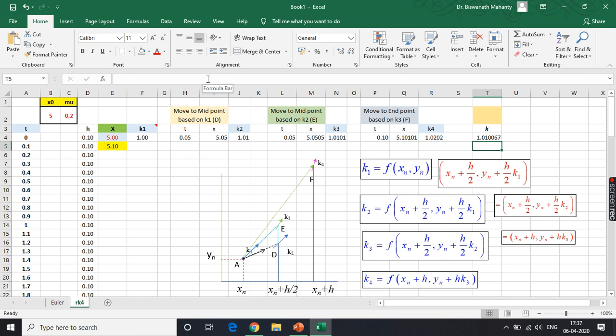If I know the average slope, what will be the new point? New point is very straightforward, because I know my time change was 0.1 from the earlier point to this point, the gap is h, and that is the slope. So k into h is the increment: old x plus average slope into h is giving me my new x value.